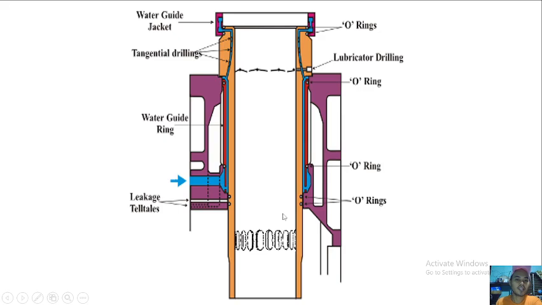So cylinder lubrication, so here we have a lubricator drilling in this part, and then in this part there will be a cylinder lubricator that will inject oil into the liner and piston.